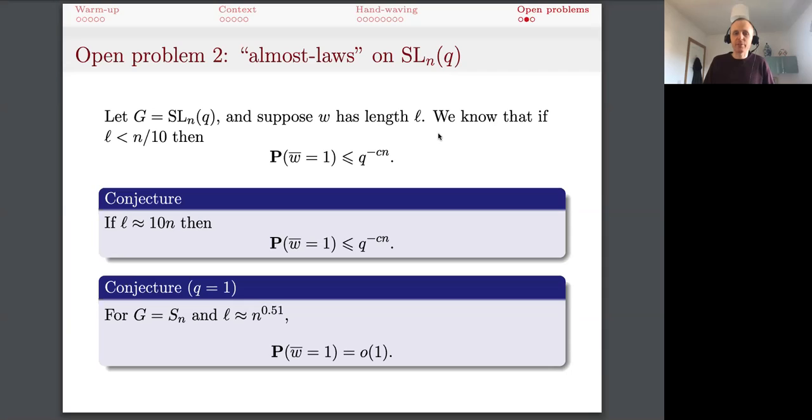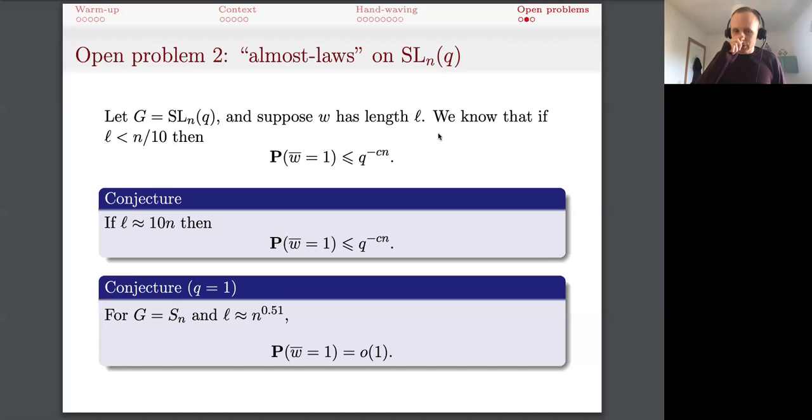And we don't know how to prove that because all our methods are very much using linear algebra. You're looking at the trajectory of a vector and thinking about what this looks like in this vector space. But once you have more than n steps, then we don't know what to do.